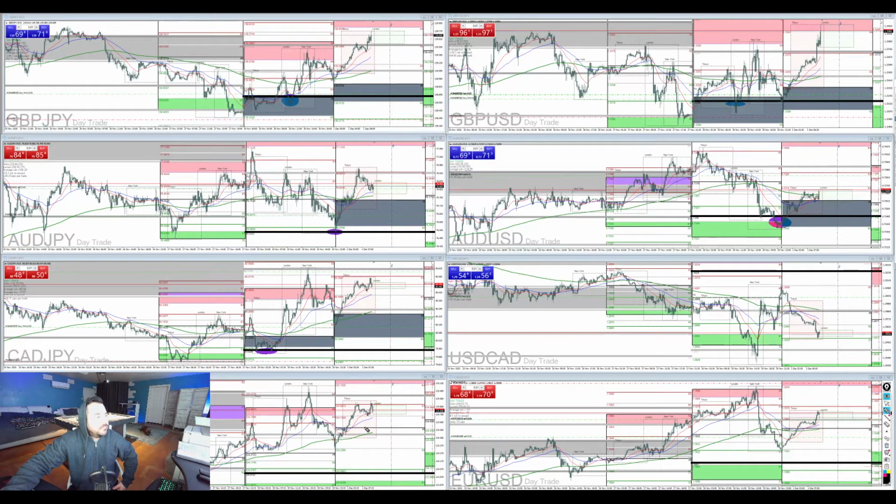Not there. Nothing on the euro yen, too far from central pivot. We already talked about the CAD yen.